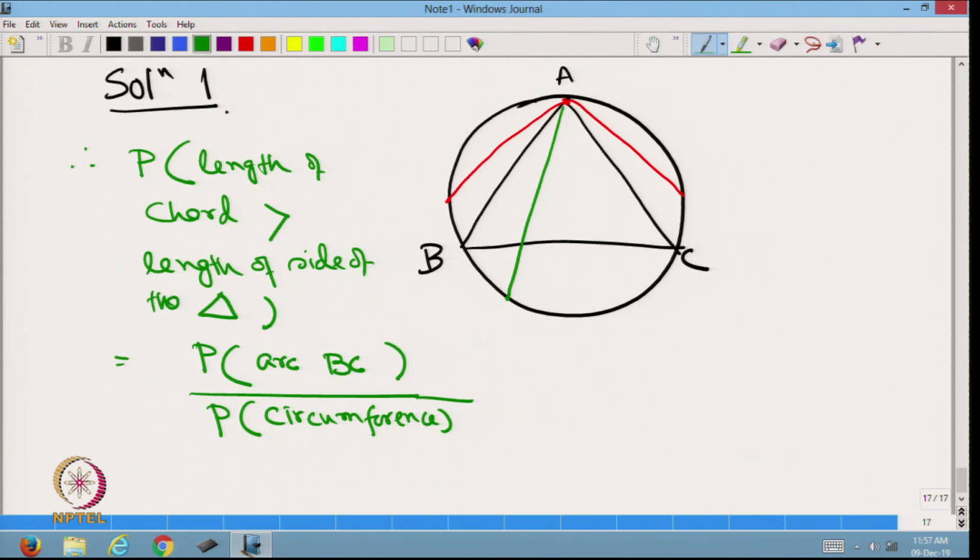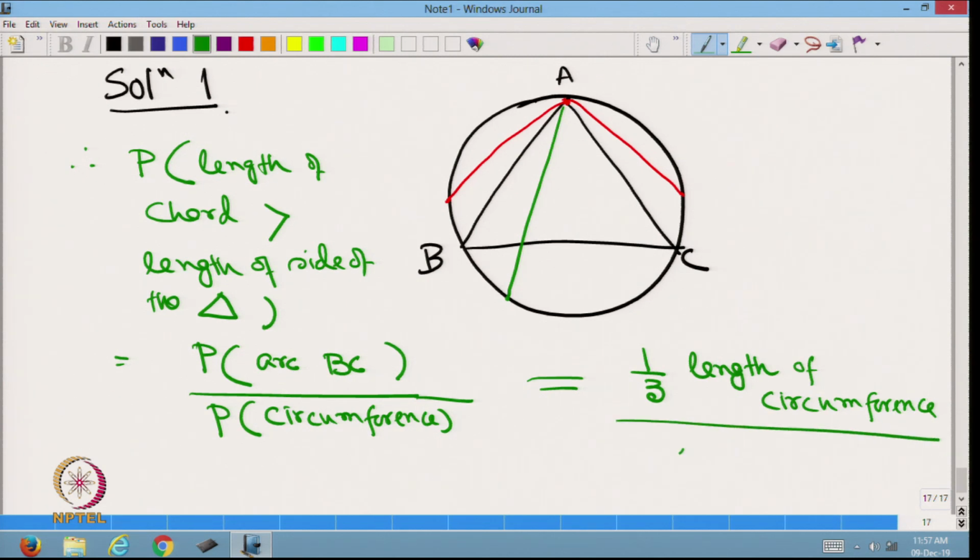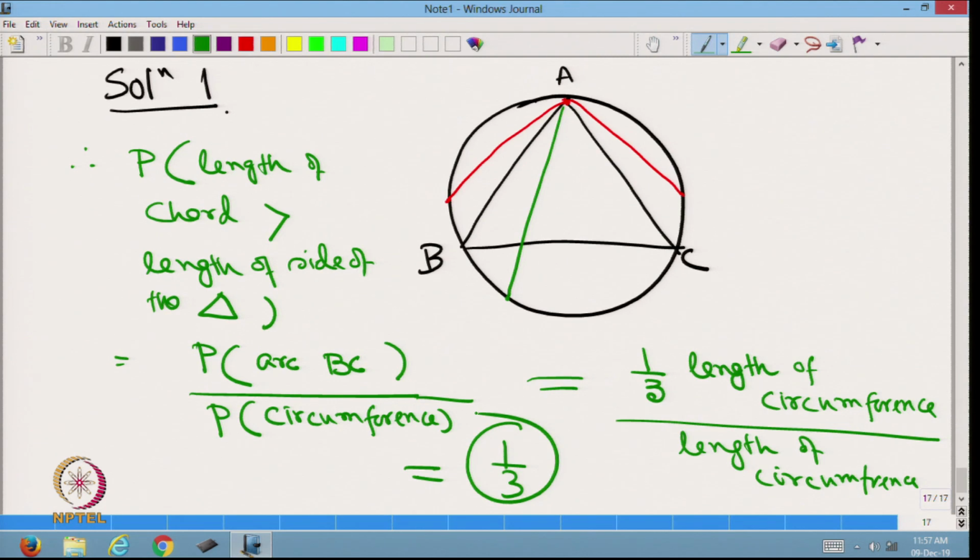To make it 1, we need to divide everything by 2 pi. This is equal to 1/3 of the length of circumference divided by the length of circumference, which is equal to 1 by 3.